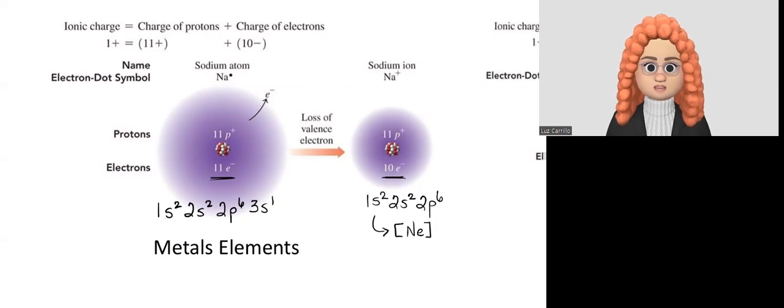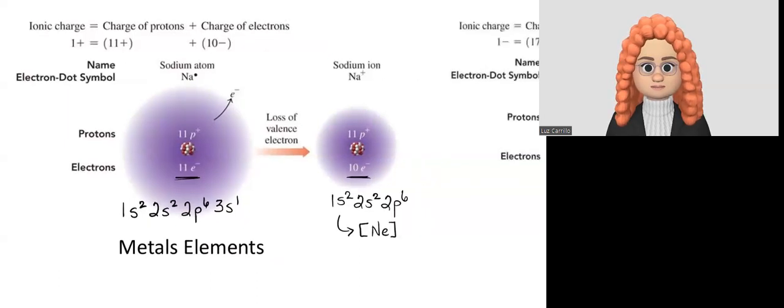So metals overall will lose valence electrons, and as a result, they are going to be electronically similar to noble gases in the periodic table. Now let's look at an example of why nonmetals, on the other hand, are going to be accepting electrons to reach very similar electron stability.